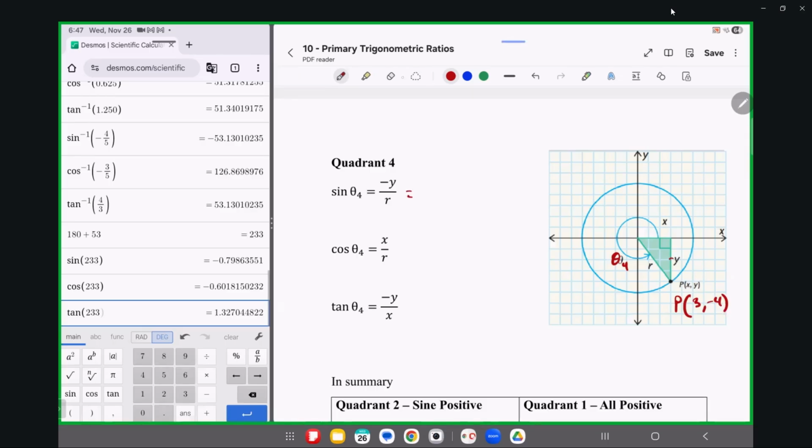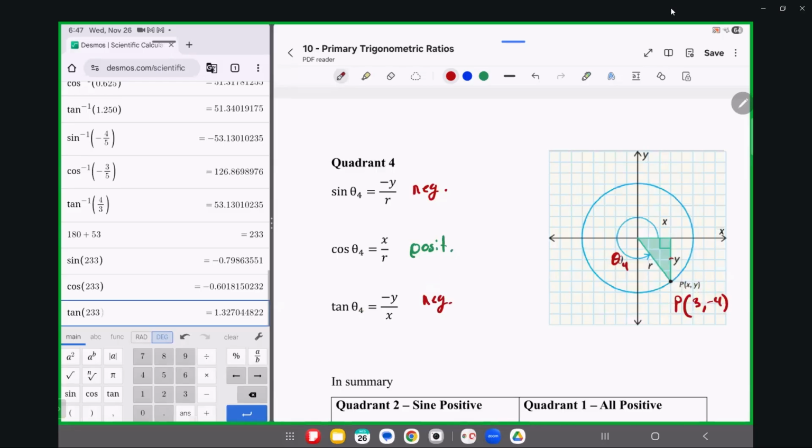So here, sine of theta 4 will be negative y over r. So sine will be negative in quadrant 4. Cosine is going to be positive in quadrant 4. Why is that? Well, the x component's positive. And then tan of theta 4 will be negative.